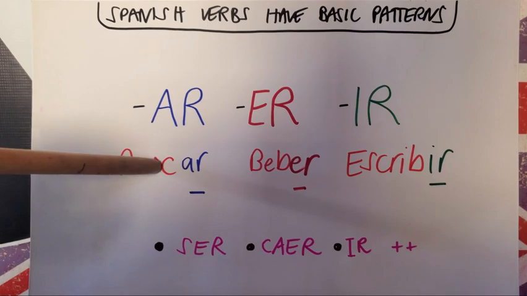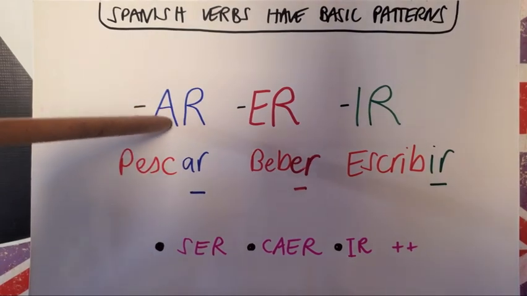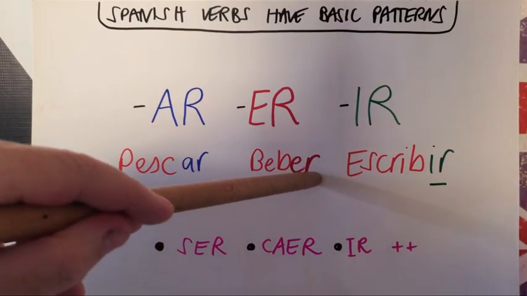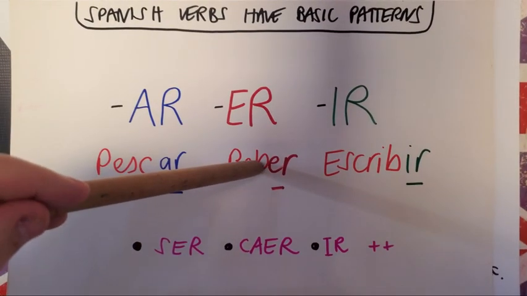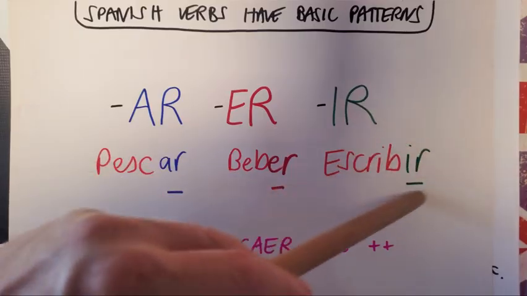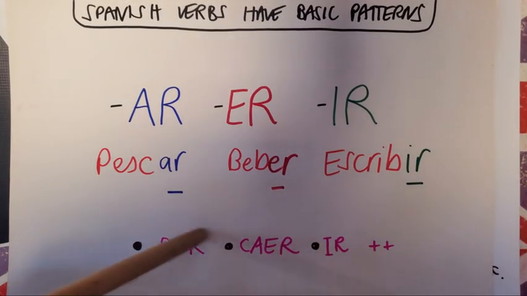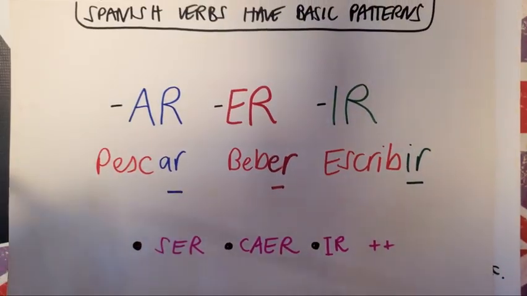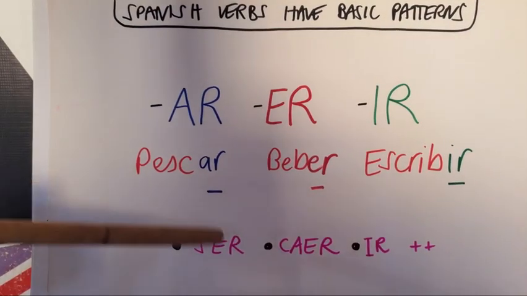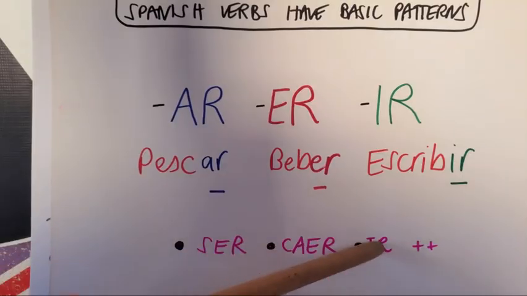So 60% of Spanish verbs end in AR, and then maybe 30% end in ER, and then 10% less end in IR, and IR is slightly more irregular. And then you have irregular verbs, which are very few, which are ser, caer, and ir.